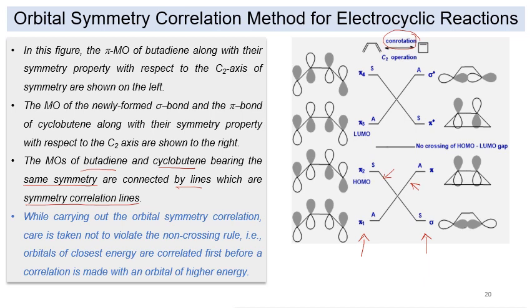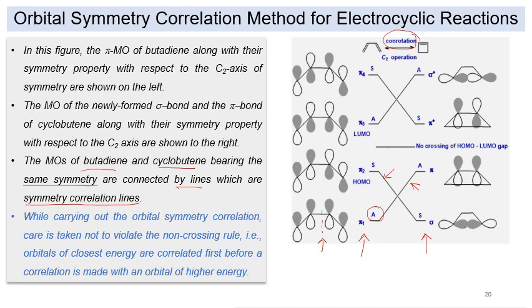Okay, for the C2 axis of symmetry, or the C2 operation, let us see what happens for this particular orbital. Is it symmetric or anti-symmetric? It is anti-symmetric. So when you flip this by 180 degrees and you turn this here, then you do not get the same species.